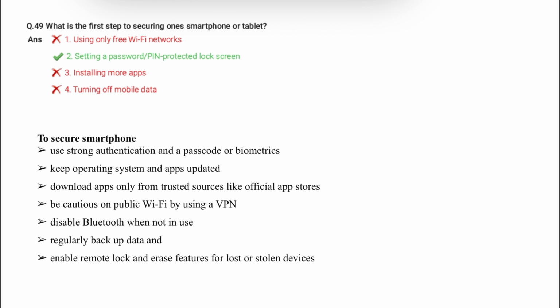Be cautious on public Wi-Fi by using a virtual private network. Disable Bluetooth when not in use. Regularly backup data and enable remote lock and erase features for lost or stolen devices. These are the various ways to secure the smartphone. And the first and primary thing is setting a password or PIN protected lock screen.